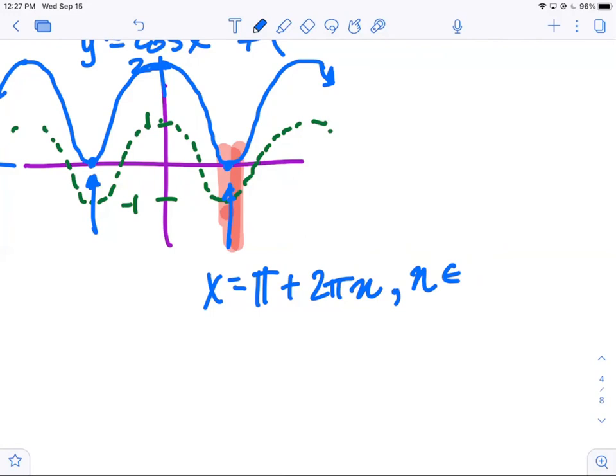But instead of doing plus or minus, if I just put plus and say n has to be an integer, that's the double-struck Z. n is an element of Z, the integers. Now I can include -1 for n. And when n is -1, now I'm subtracting 2 pi. When n is -2, I'm subtracting 4 pi. So that's a real quick way to do it. You could say plus or minus as well if you want, just to be thorough. But you wouldn't need the minus if you let n be an integer.